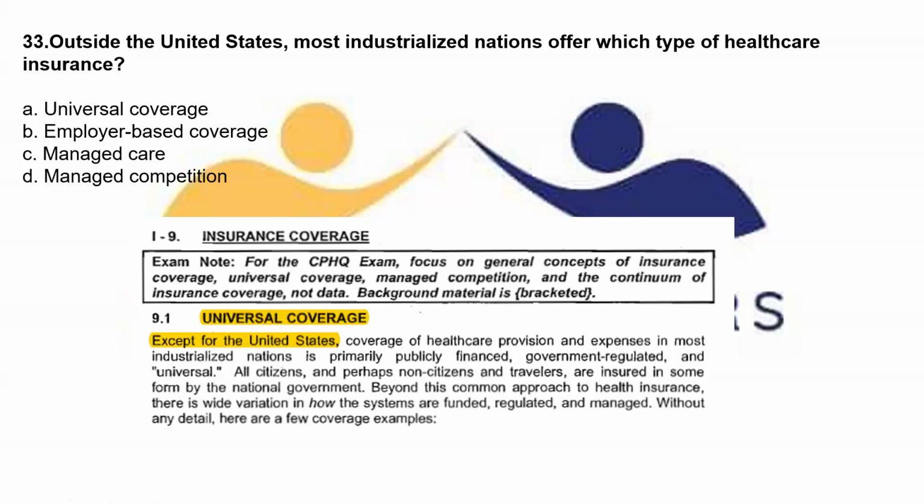In this model, health insurance is tied to employment, leaving unemployed individuals or those in precarious jobs without access to coverage. While managed care refers to systems where healthcare providers and insurers coordinate care to control costs and improve quality. And lastly, managed competition involves multiple insurers competing for customers under government regulated conditions.